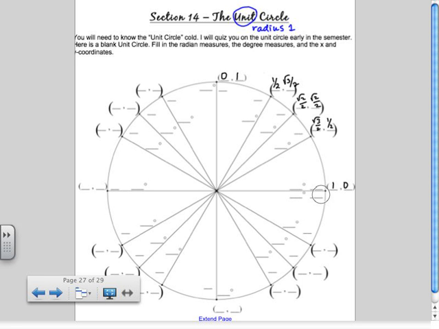Remember, these are x and y coordinates. So over here, x is negative, y is positive. It's symmetric, so I look at 1/2, square root of 3 over 2, and on the other side I'm going to have negative 1/2, positive square root of 3 over 2. And then you continue to fill in all of the values.